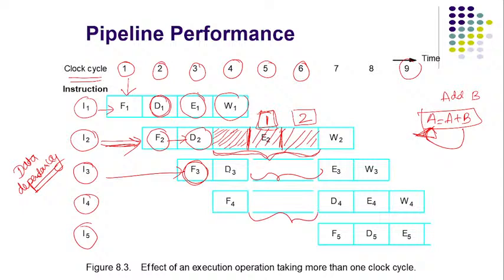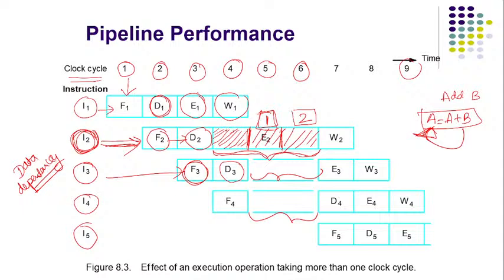For I3, at the end of clock 4 the decoding stage is completed, and in the fifth clock cycle it is supposed to go to the execution unit, but the execution unit is engaged by the I2 instruction, okay.